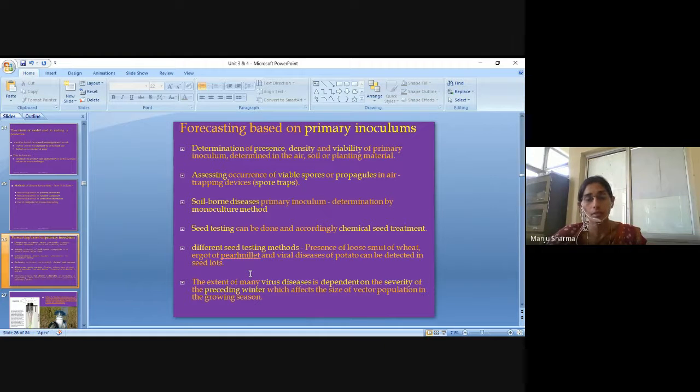Then there are different seed testing methods, in which the presence of loose smut of wheat, ergot of pearl millet, and viral diseases of potato can be detected in seed pods.